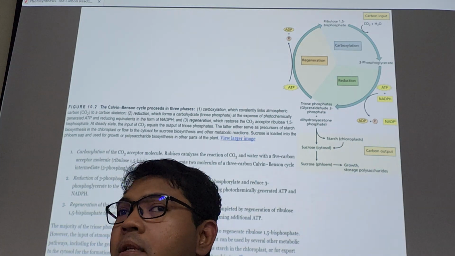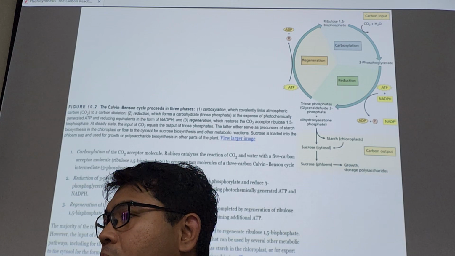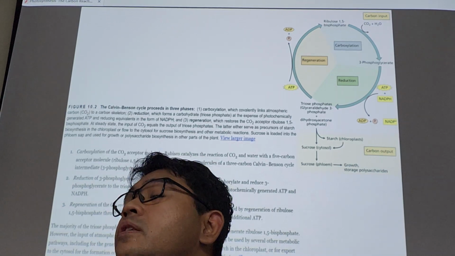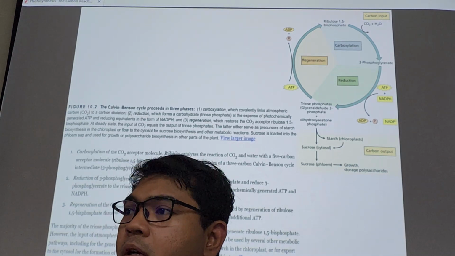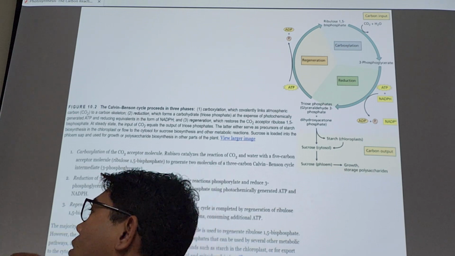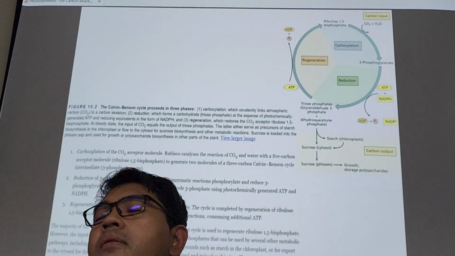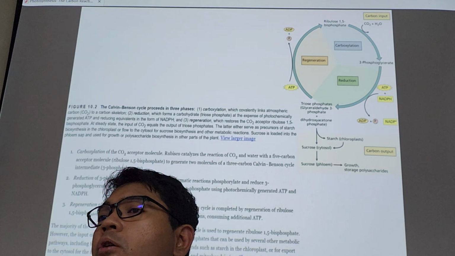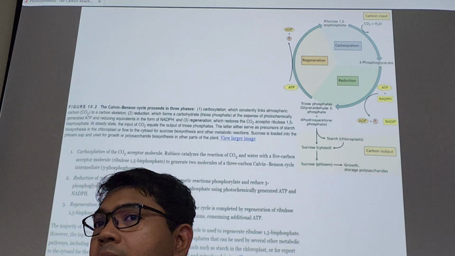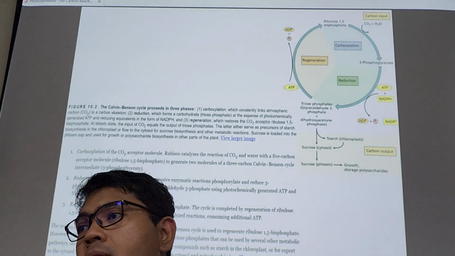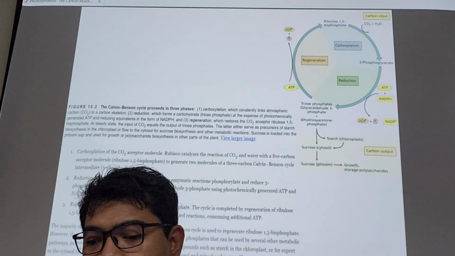The only thing that leaves the cell is actually sucrose. Why is that? Glucose is very reactive. It's a reactive sugar, meaning that it will cause havoc with whatever it touches. That's why you cannot have so much sugar in your blood. It's detrimental because it's very reactive.